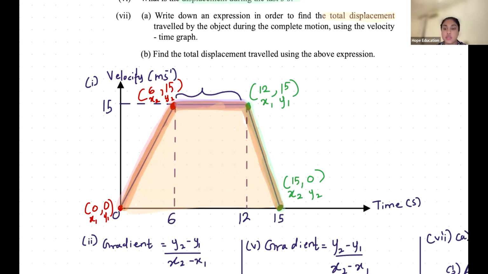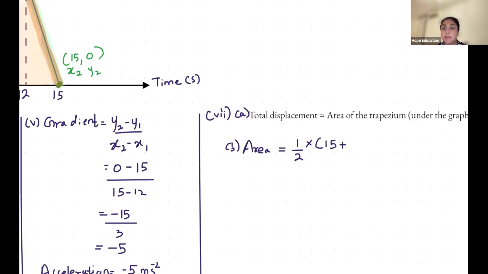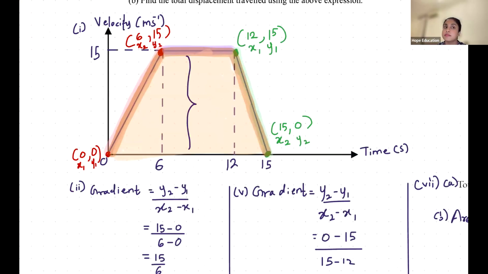So sum of the two parallel lines is 15 plus 6. We multiply that by the perpendicular height. So what is this perpendicular height? 6. 6, are you sure? No. 15. Okay, the height is 15.